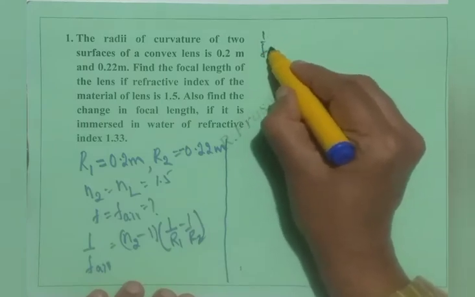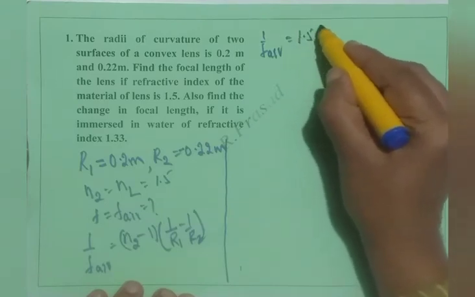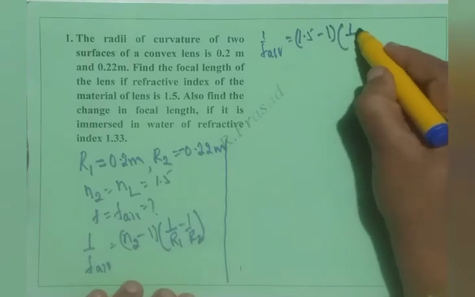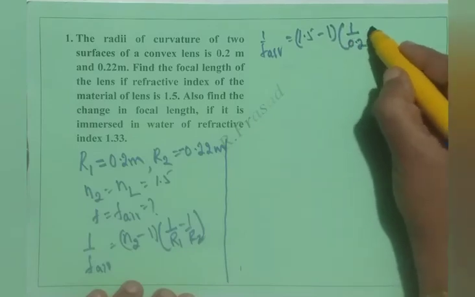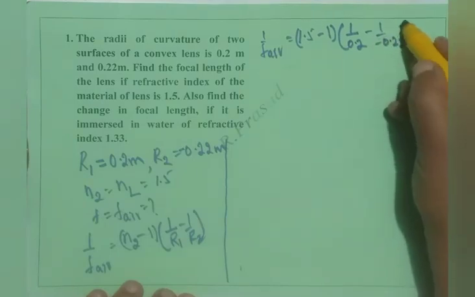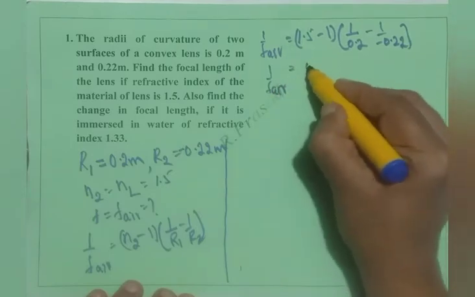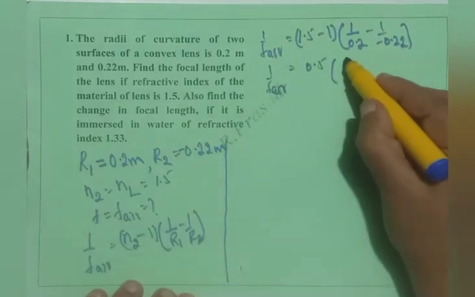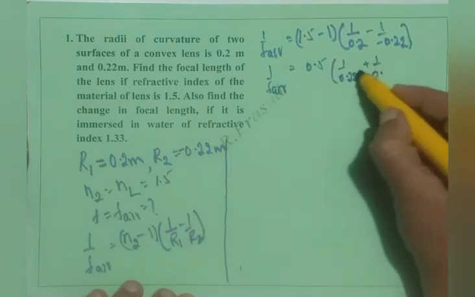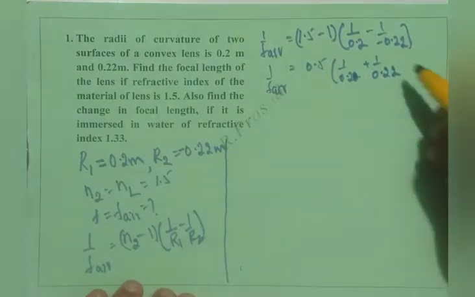1 by F air equals (N2, 1.5 minus 1) into (1 by 0.2 minus 1 by minus 0.22), which amounts to 1 by F air equals 0.5 into (1 by 0.2 plus 1 by 0.22).